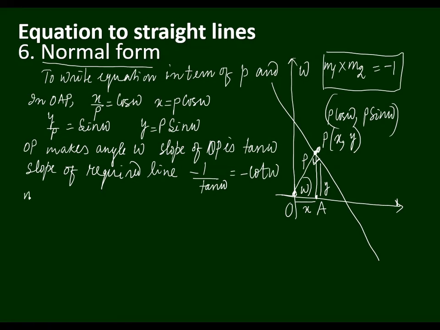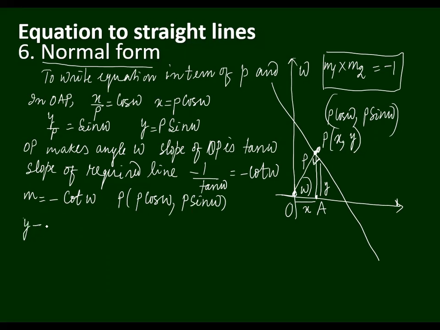So m is minus cot omega and the point is small p cos omega, small p sin omega. Let me write the equation now. The point is given, the slope is given.